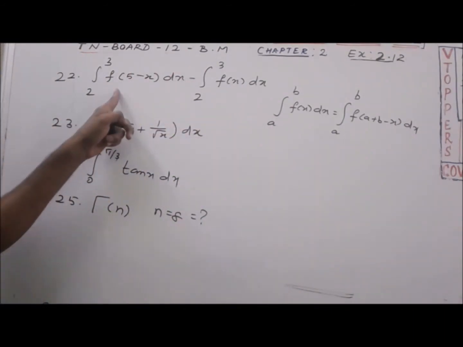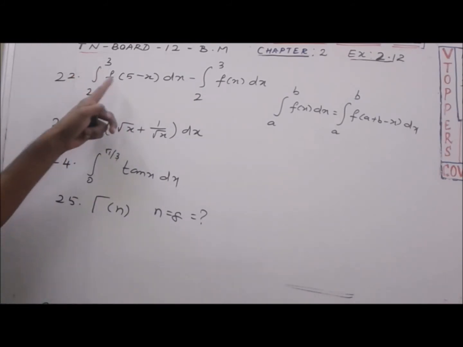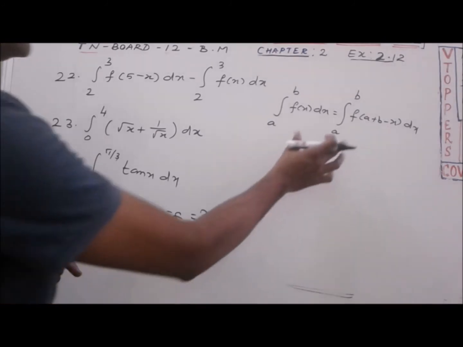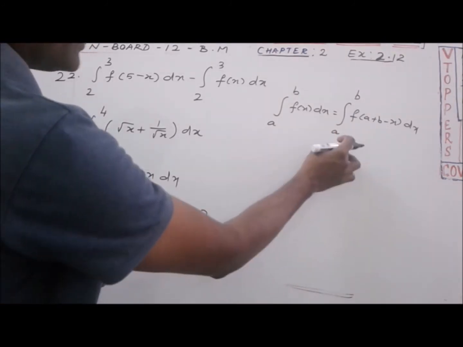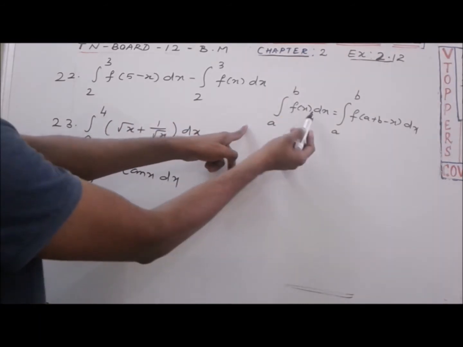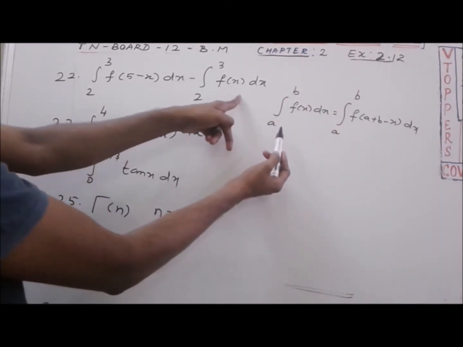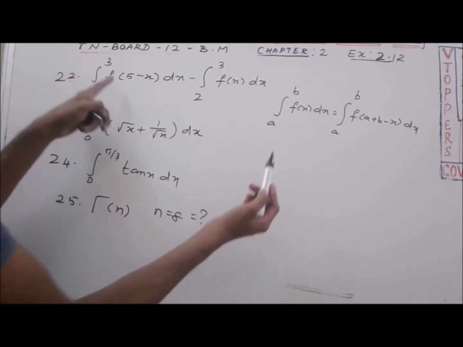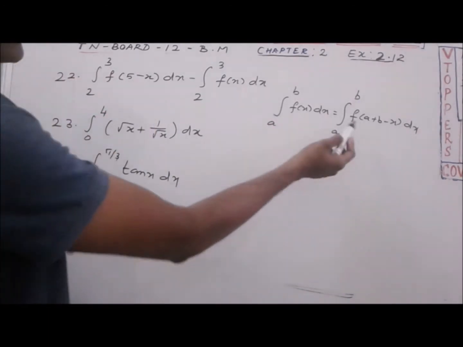Look at this one now, a to b f of a plus b, which is 5, minus x dx. So these two results are equal. When we subtract, they become 0. So here, a to b f of x dx is 2 to 3 f of x dx, and a to b f of a plus b minus x dx is 2 to 3 f of 5 minus x dx. These two are equal.